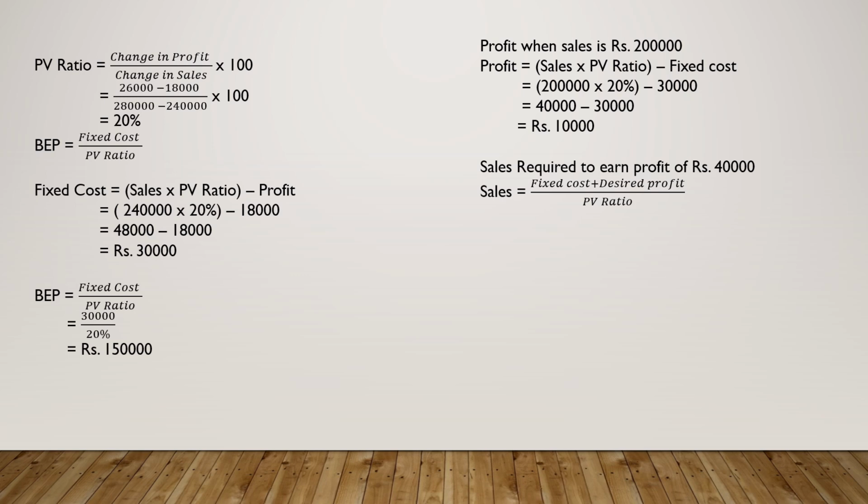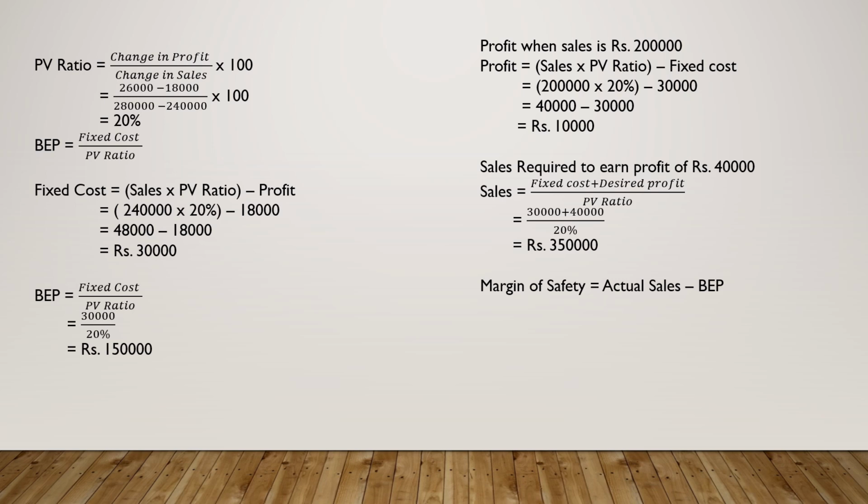Now fixed cost we have calculated, which is 30,000, plus desired profit in this question is 40,000, divided by 20%. So 30,000 plus 40,000 divided by 20%, your answer will be 3,50,000. So this is your sales. When you do a sales of 3,50,000, your profit will be 40,000.